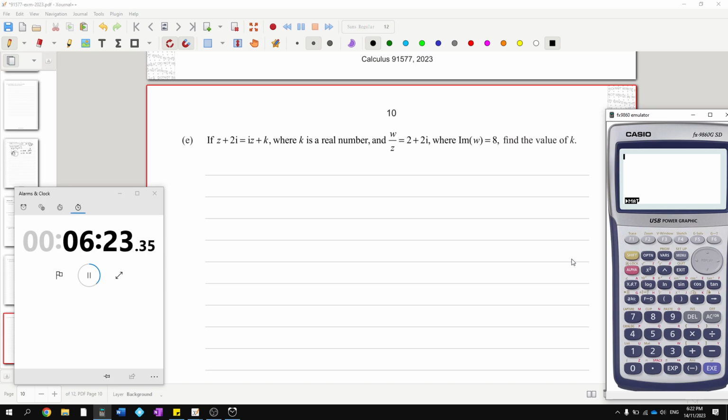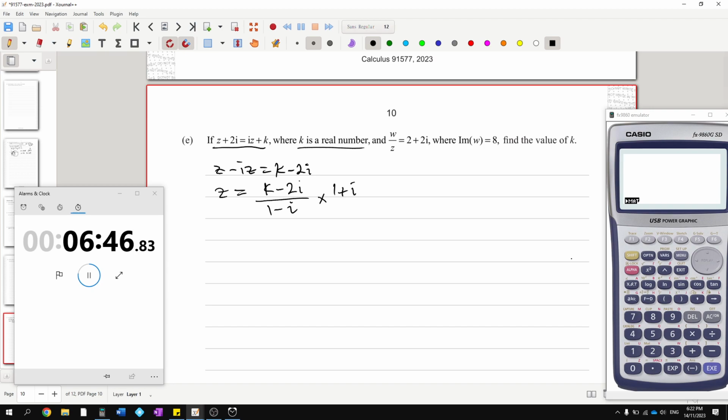Gosh, what is this? Just a bunch of random variables. So, from this, let's say z minus iz equals k minus 2i. K is again real, so we just divide both sides to get z like that, times by the conjugate.